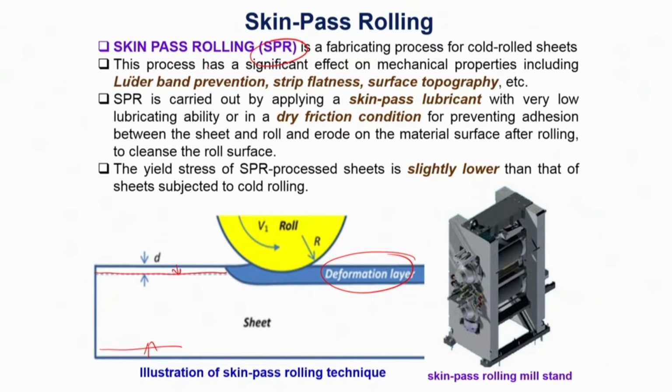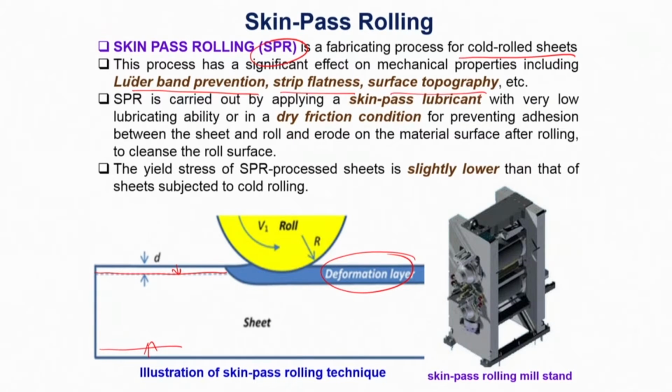Now, when we employ such skin pass rolling, this is nothing but a cold deformation process, mechanical in nature, and it can have a significant effect on the mechanical properties by way of prevention of Luder's band and creating strip flatness. If there is waviness, it can be corrected.